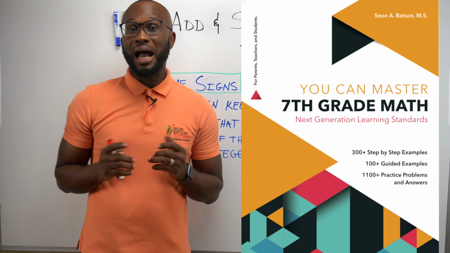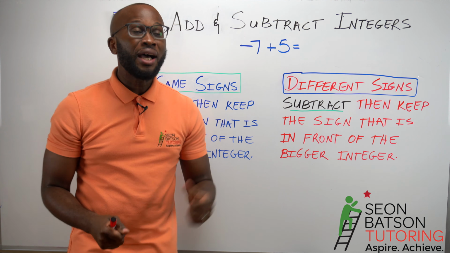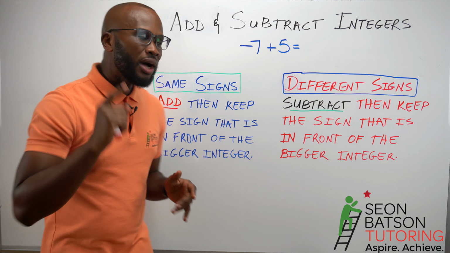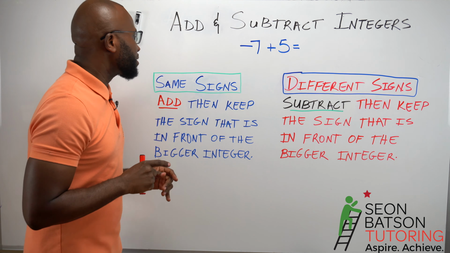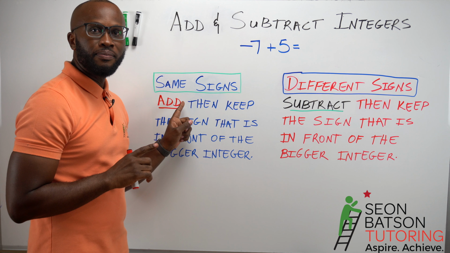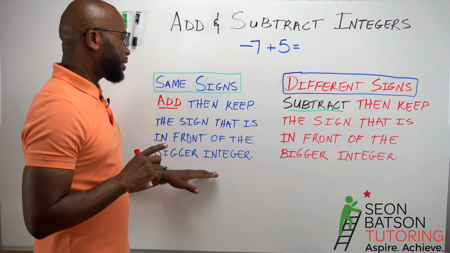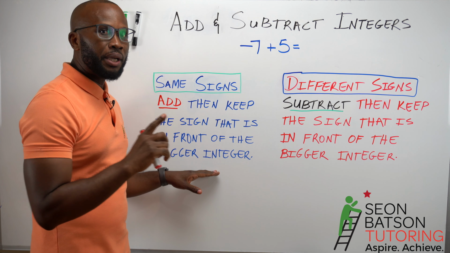I am going to teach you 2 very simple rules that will help you master the concept of adding and subtracting integers. Rule 1 says, if the signs in front of the integers are the same, we are going to add, then keep the sign that is in front of the bigger integer.